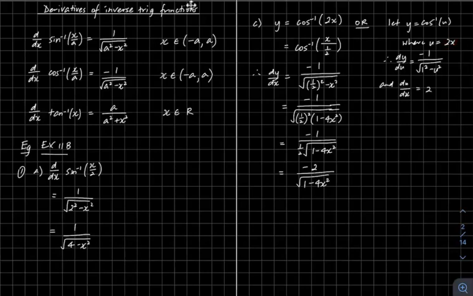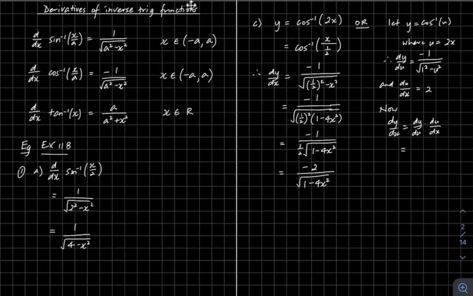So that's 2. So dy dx, let's put that on the next line so it fits in a bit better. dy dx is equal to dy du times du dx. That's just our chain rule, isn't it?